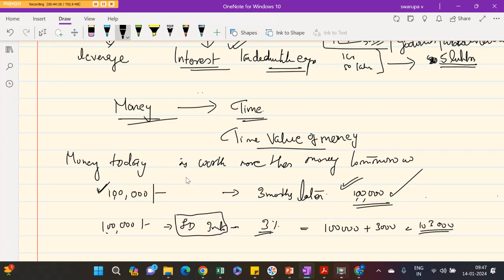Instead of letting him pay 3 months later, that 1 lakh if I had got today, I would have invested in a simple FD. I'll get 3% for 3 months. I'm getting 1 lakh 3,000 at the end of 3 months. So my suggestion to that person will be, you pay me 1 lakh 3,000 at the end of 3 months. At least give me the FD interest, right? So that is what is called time value of money. Now, how to calculate this time value of money?